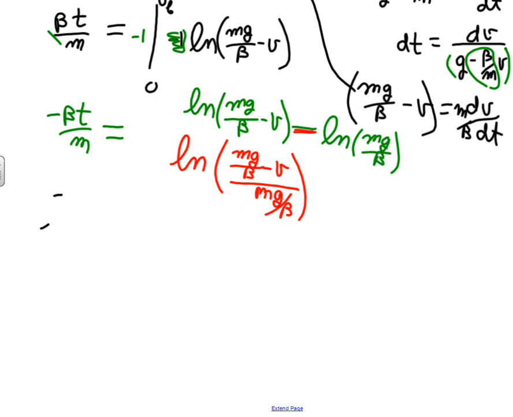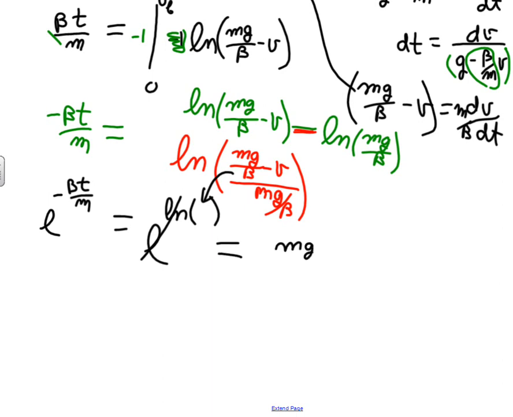So if I do e to the minus beta t over m, that equals e to the natural log of all that. But e to the natural log of that is the stuff in the parentheses. So that means e to the minus beta t over m equals mg over beta minus v, all divided by mg over beta.